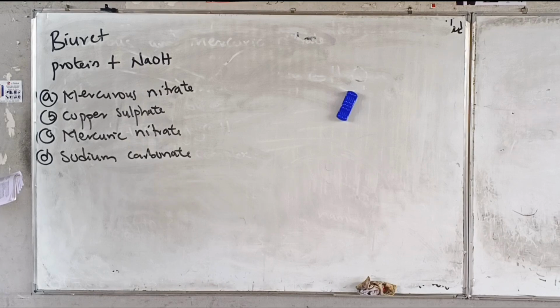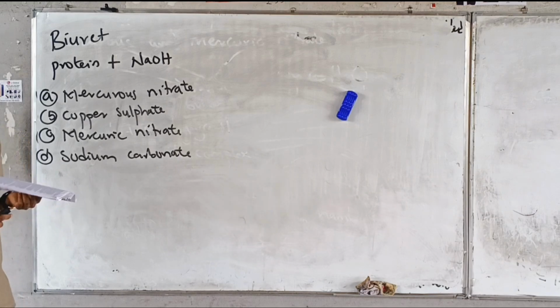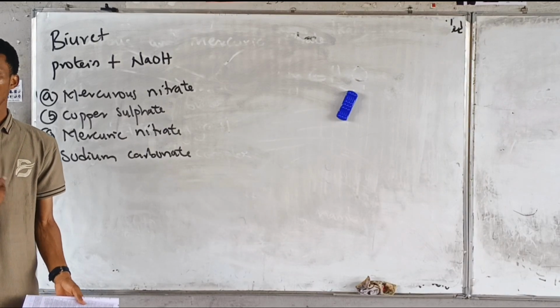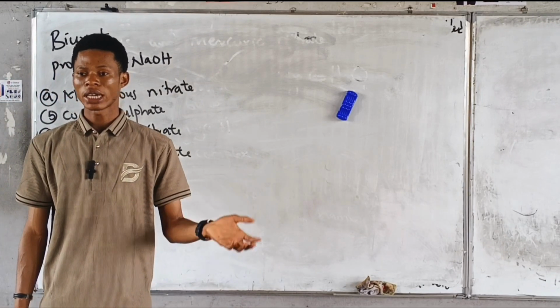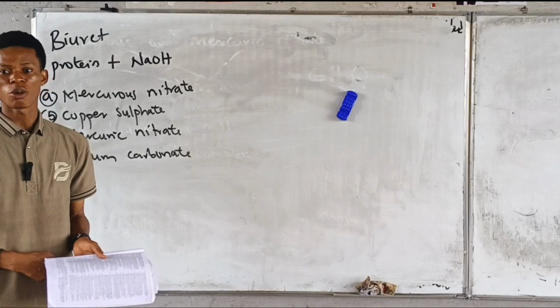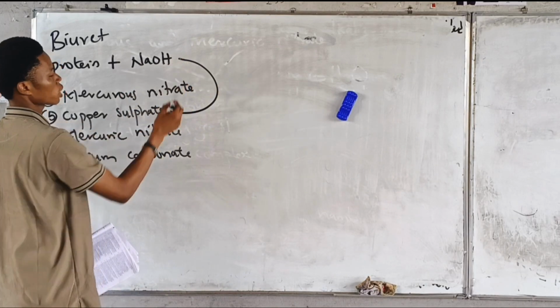Copper sulfate. Why? You're actually correct, but why? You know, I don't like guessing. This looks like the answer. Why are you choosing that? Now, Biuret reagent is used to test for what? Protein, right? In the last question, we said mercurous nitrate and mercuric nitrate will give us Millon's reagent. So what plus what will give us Biuret reagent? Sodium hydroxide and copper sulfate will give us that.